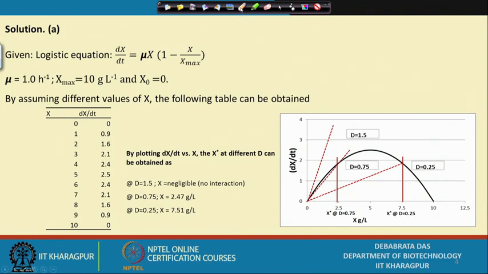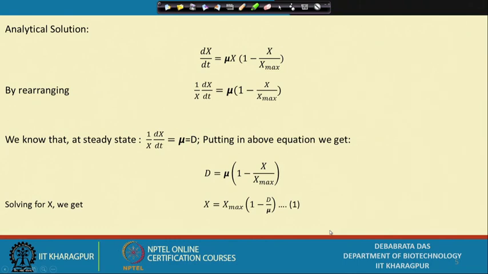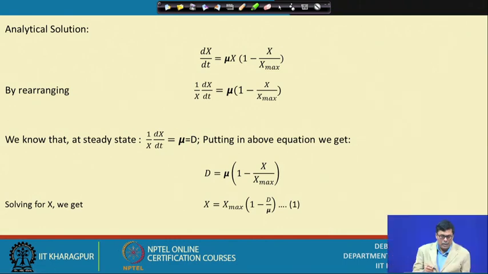Now next problem that we have, we can solve analytically like this. This is the logistic equation that we have. Now we can bring this side, and we can write mu equal to d. Then we have the correlation like this, and then we can find out the expression for x. x equal to x max, we can write in other way, we can write in this form.